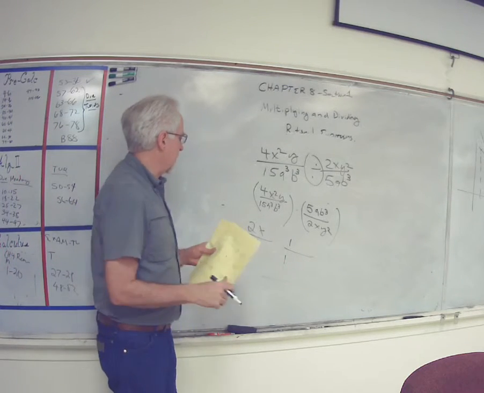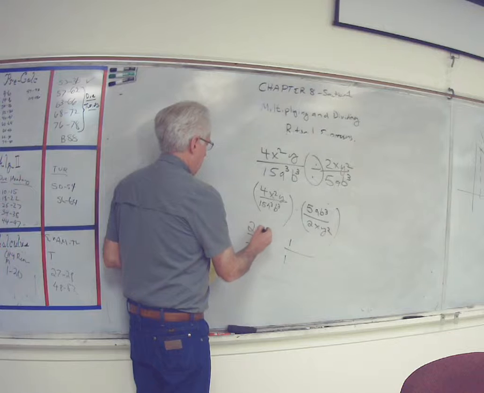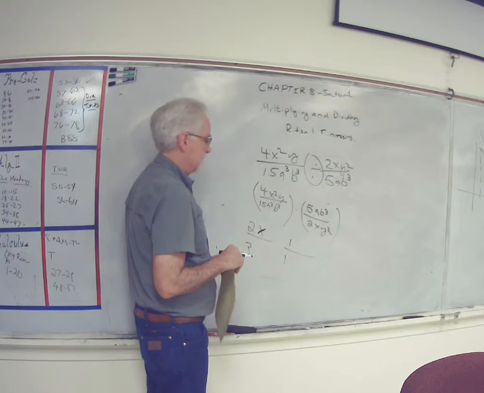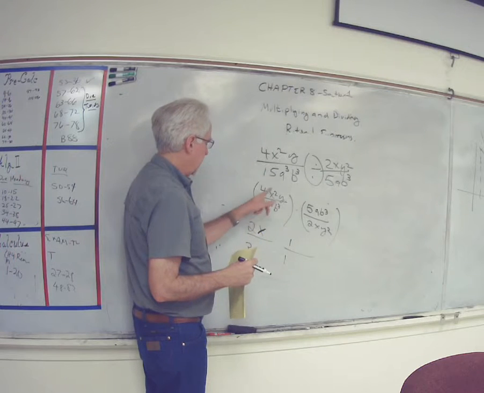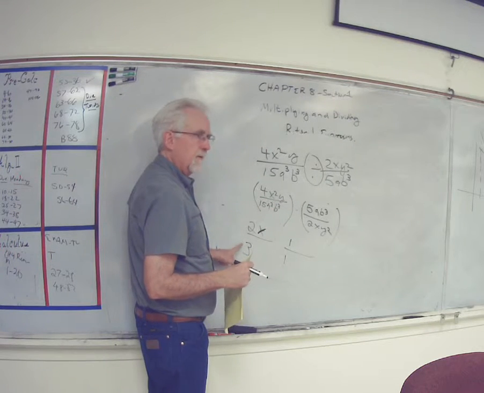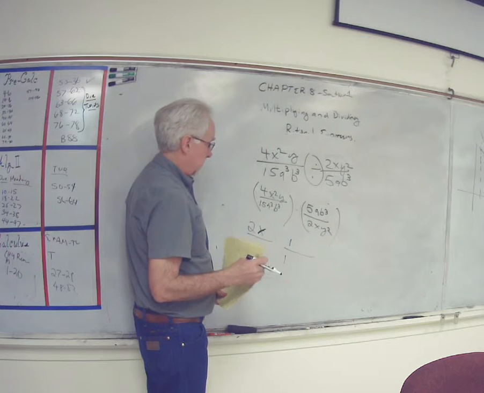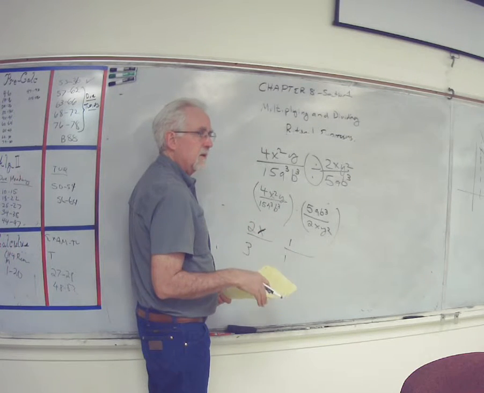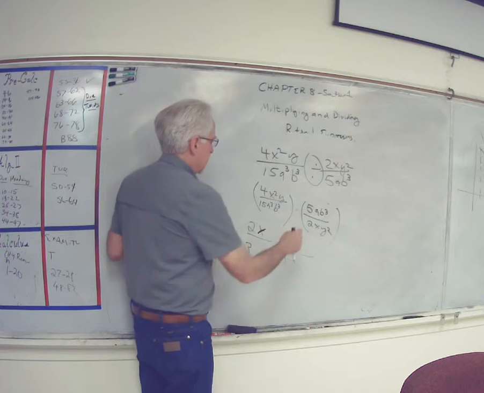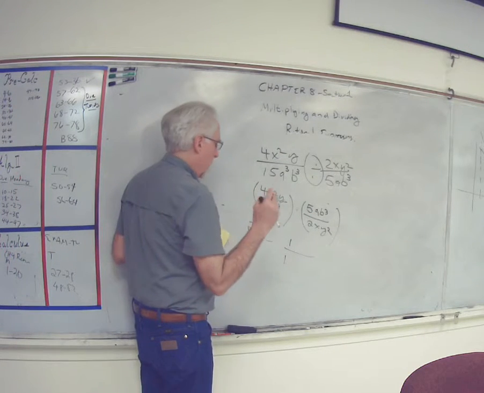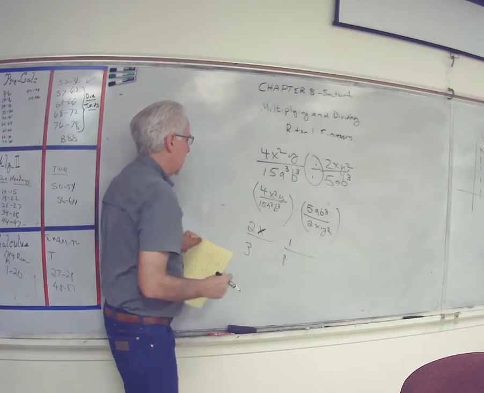Now, Tanner, what are you going to reduce? The b. So b cubed over b cubed becomes what? 1. All right, so we don't have to worry about the b's.